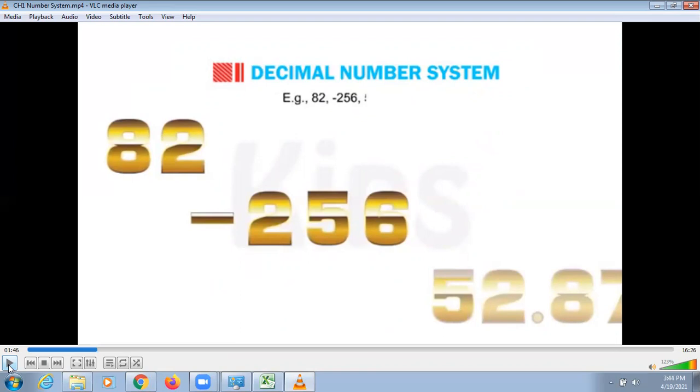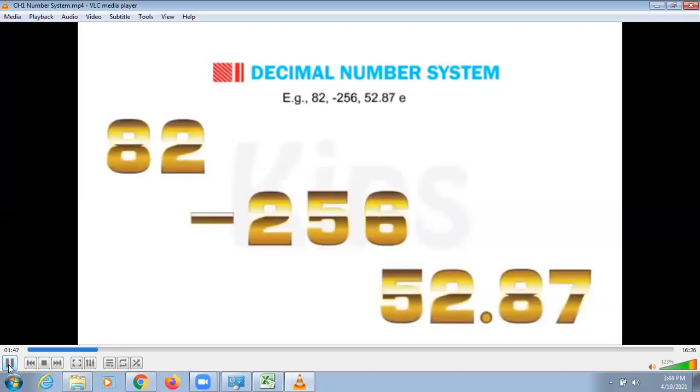Similarly, minus 256 is also a combination of digits from 0 to 9, and 52.787 is also a combination of digits from 0 to 9. So in this way, we are just making combinations of numbers using only the digits 0 to 9, like 52.87, etc.